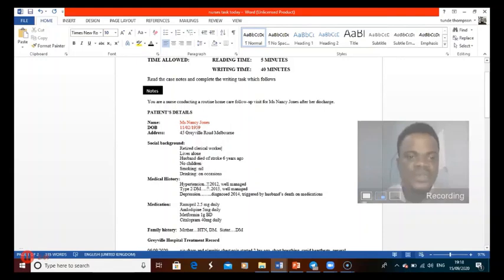This patient was diagnosed of hypertension in 2012, and the patient is well managed. Naki, what do you think? Please, let's be fast in our response. Biodu, what do you think?